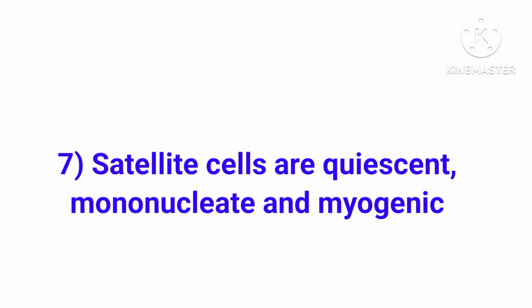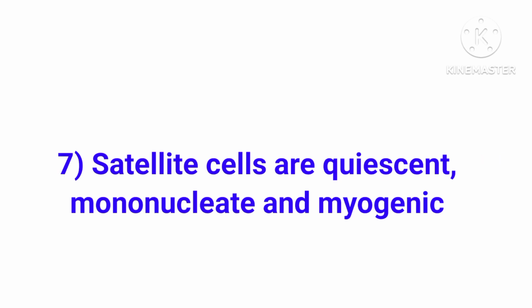Satellite cells are quiescent, mononucleate, and myogenic cells and help in regeneration, which is limited. Satellite cells means they are small multipotent cells with very little cytoplasm found in mature muscle.